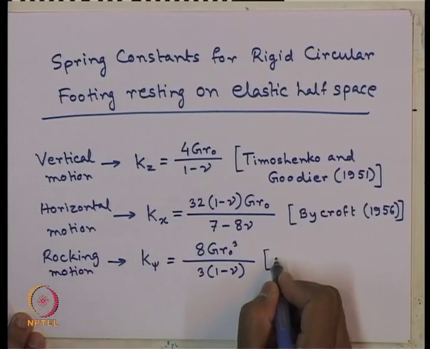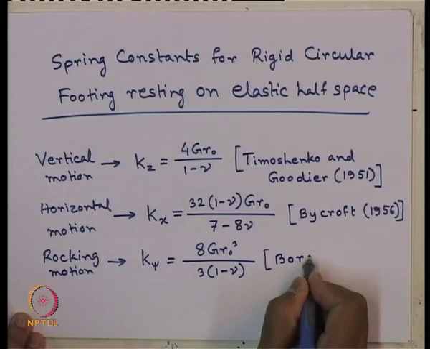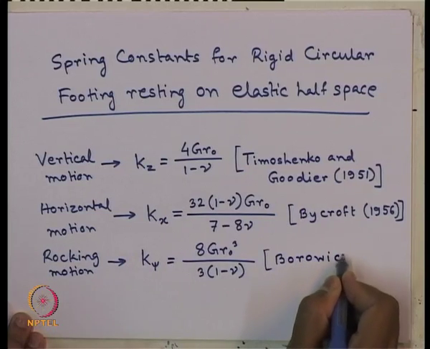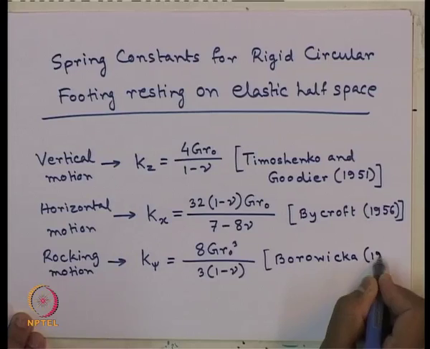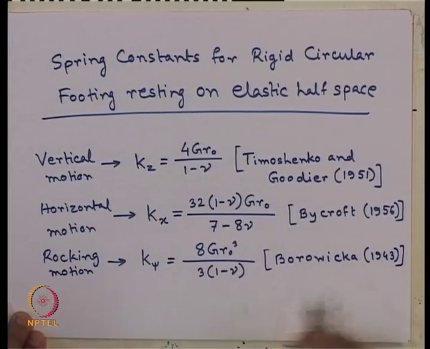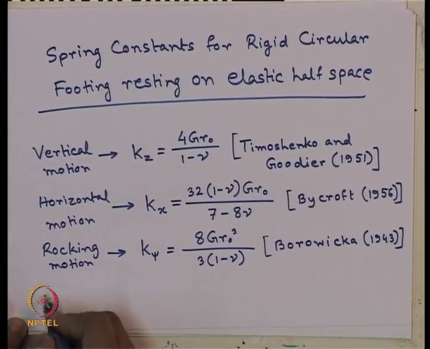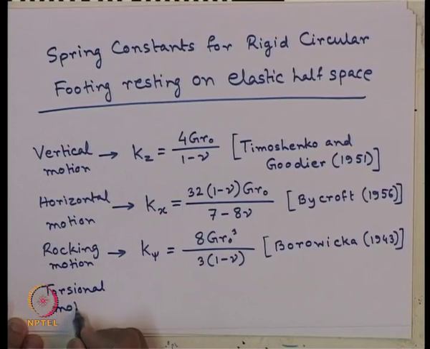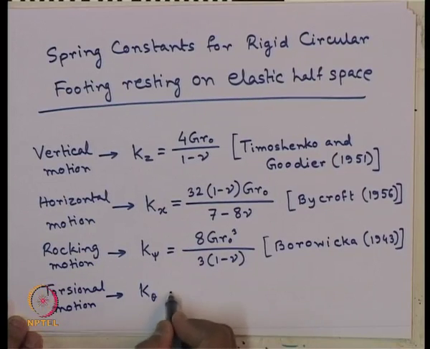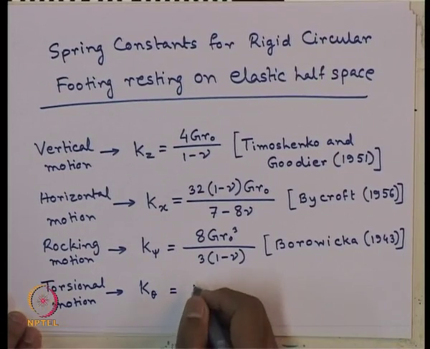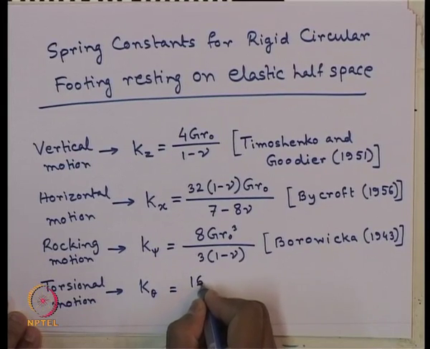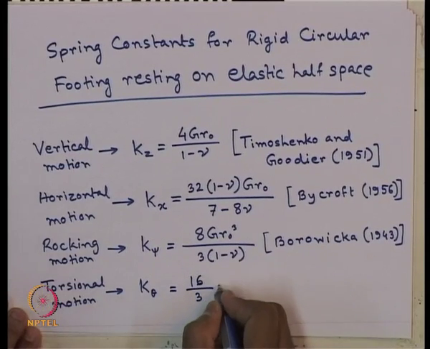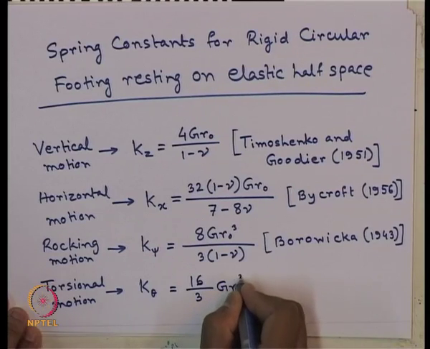This was given by Borowicka in 1943, and for torsional motion its k theta is calculated as 16 by 3 g r naught cube.